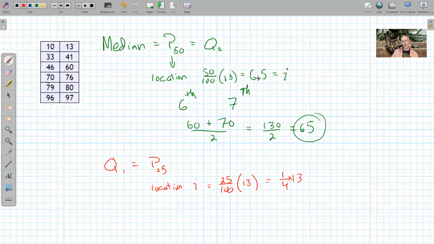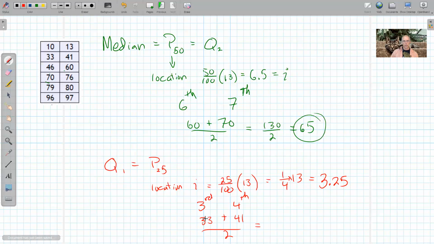So let's see, half of 13 is 6.5, and half of that would be 3.25. So that's the position. Now 3.25 isn't a whole number. If it was a whole number like 3, I would just say, hey, grab the third number, but it's not. So that means I need to find the third number and the fourth number, and then I'm going to average them. So 1, 2, 3, third number is 33. The fourth number is 41, and then we'll divide that by 2.